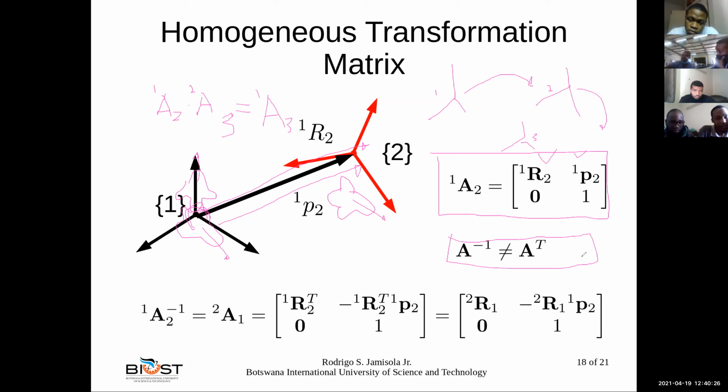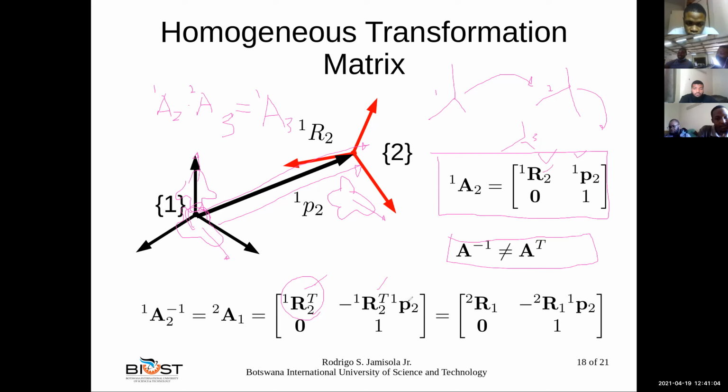If you want to compute the inverse of the transformation matrix, you invert the rotation matrix, which is the transpose, and then here you take the negative of the inverse of the rotation, multiplied by the same position vector. Okay, that's all.